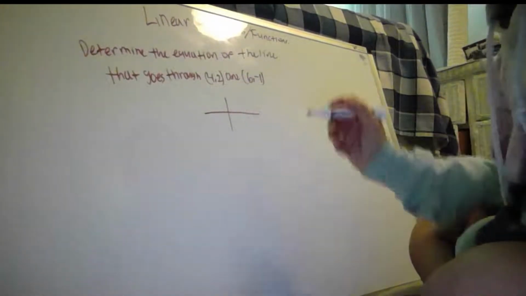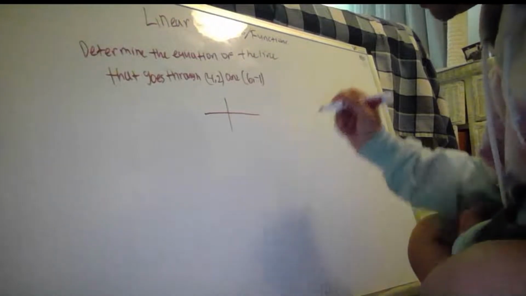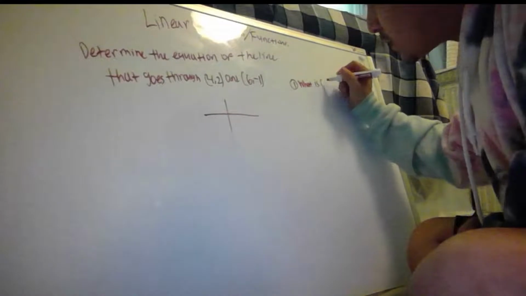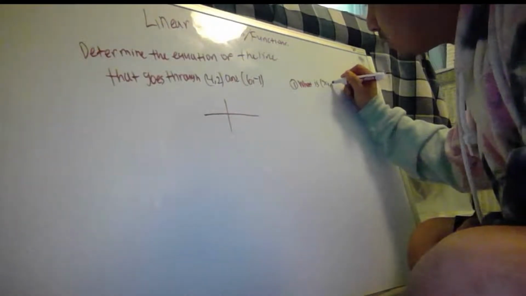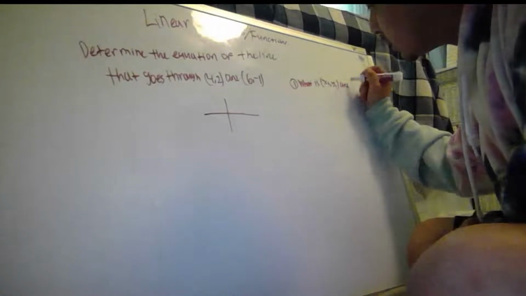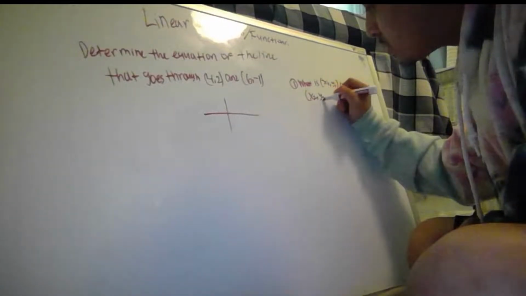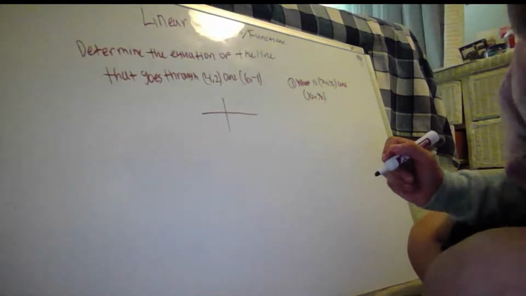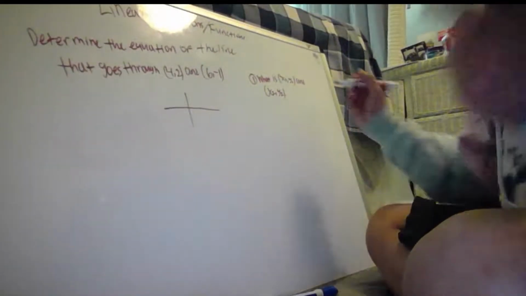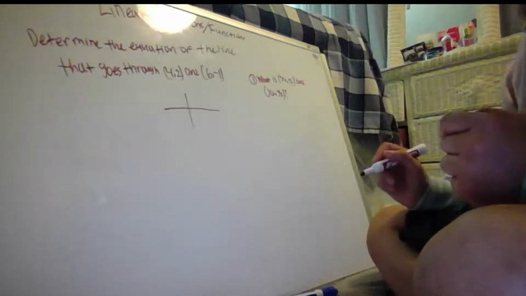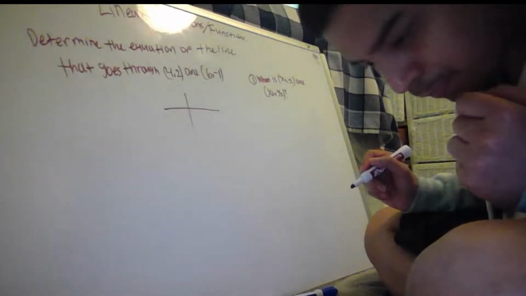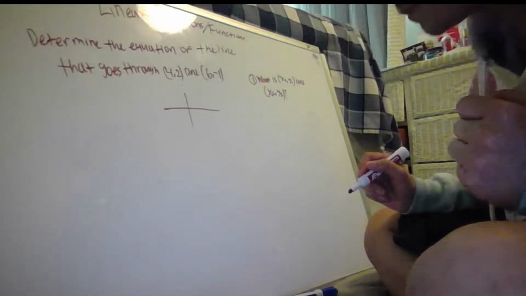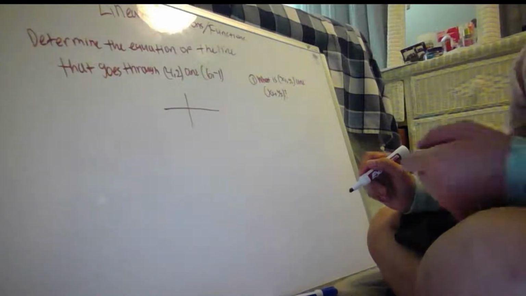The way that we would figure out what is x1, y1, what is x2, y2, that's your first question. What are those points, right?